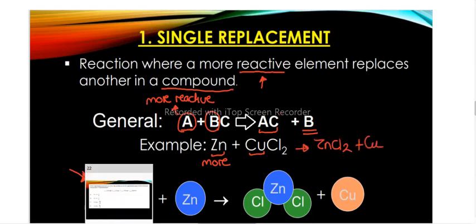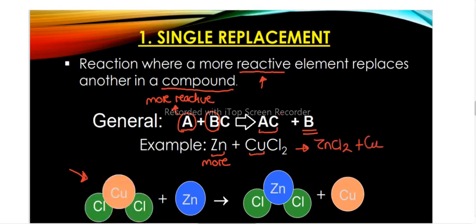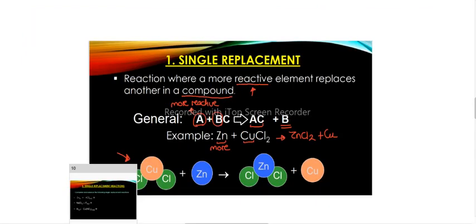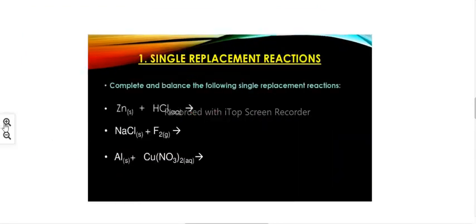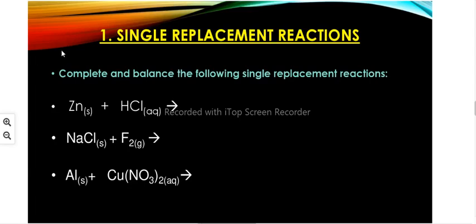Now we're going to apply on some questions, and we're going to see how to complete and to balance single replacement reactions. So I have here a simple question. Inside the question, I need to complete and to balance. Here, the Zn and hydrogen will compete together. So I'm going to make the Zn and the Cl together. So it will react with the Cl, and the hydrogen will be replaced outside from the chemical reaction.